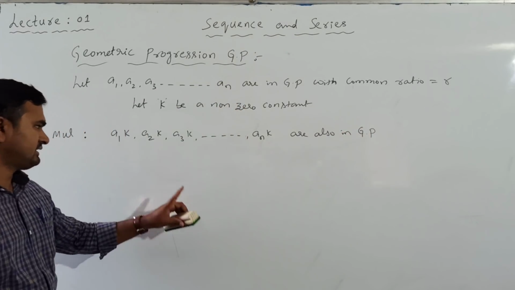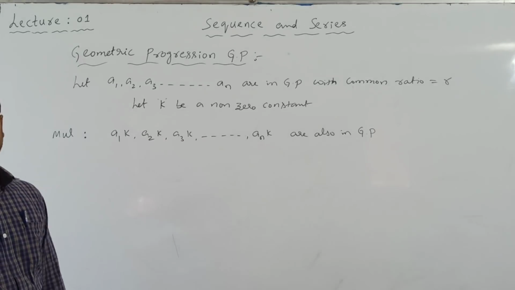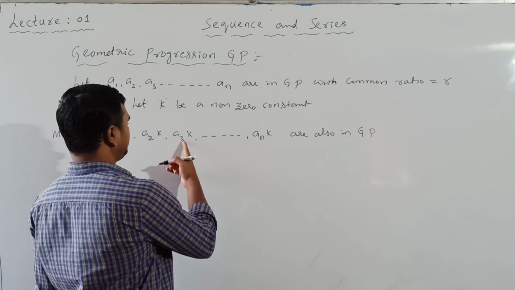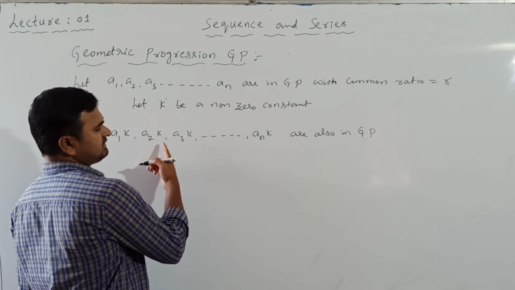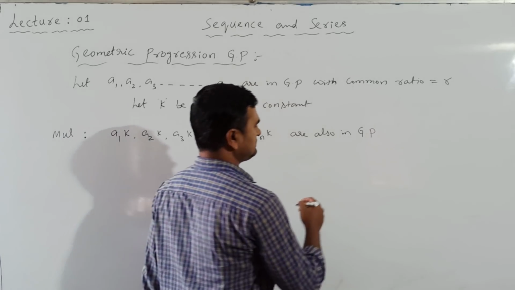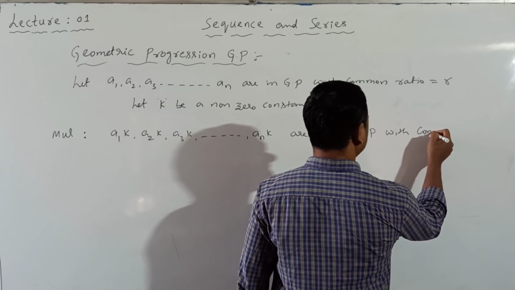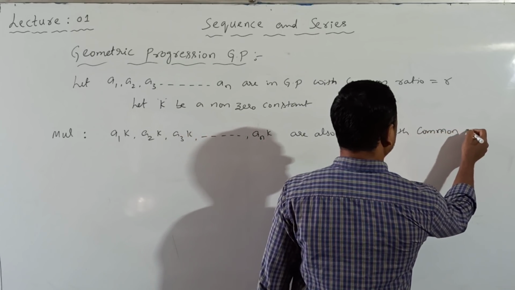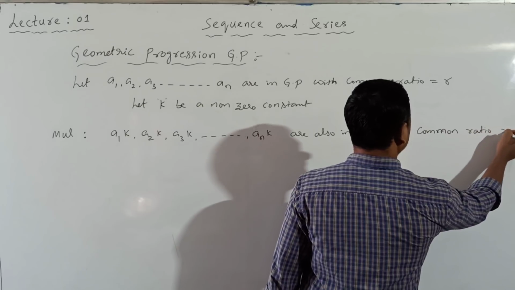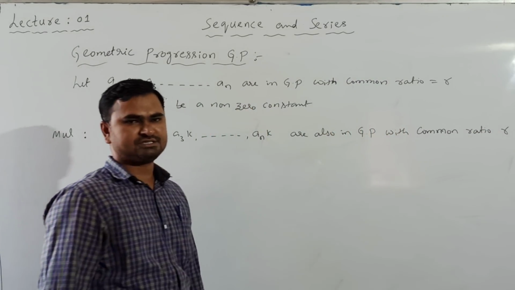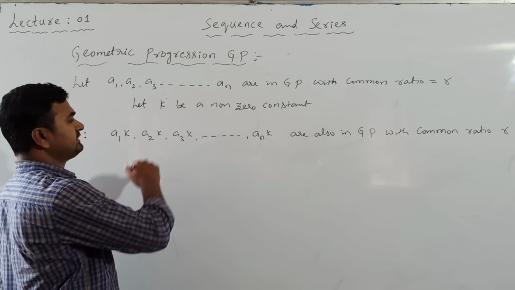These are also in GP because the ratio is same. Now what about the ratio here? A2 by A1, A3 by A2 is the same as R. So here common ratio is same as given geometric progression.